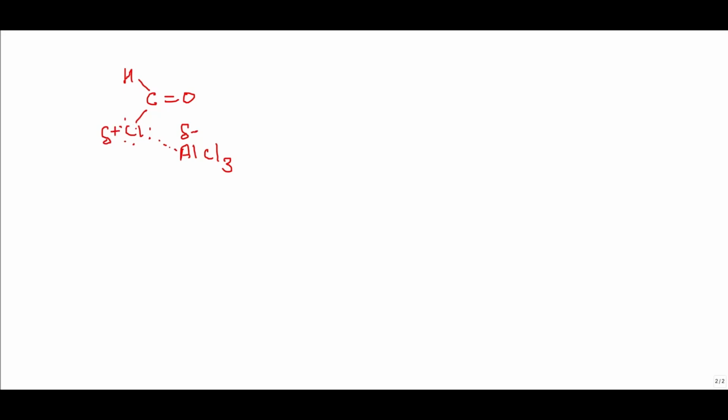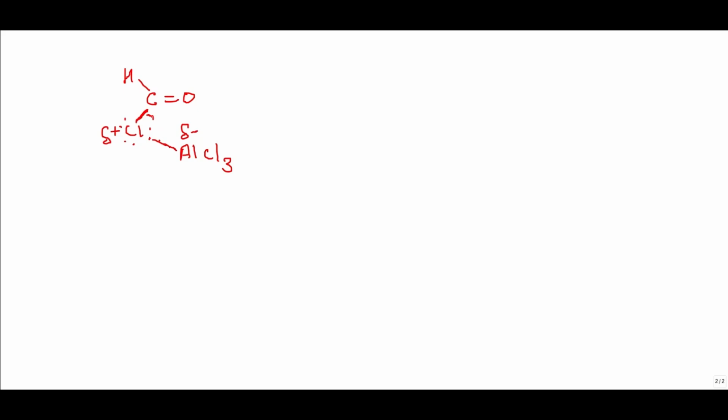So, because Cl has a small amount of positive charge, it tries to take all the electrons of carbon Cl bond. So, these electrons move towards Cl. So, carbon Cl bond weakens, and Cl aluminum bond strengthens.